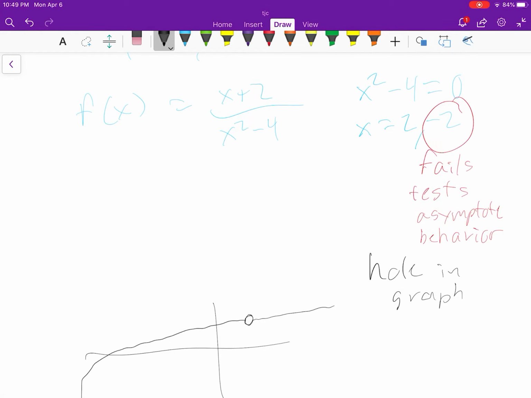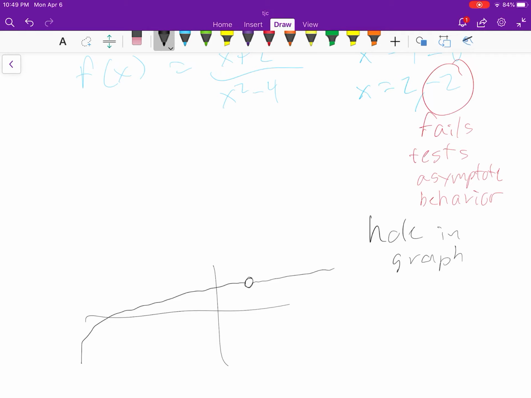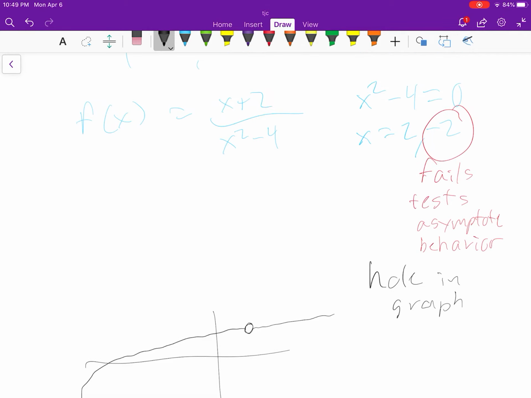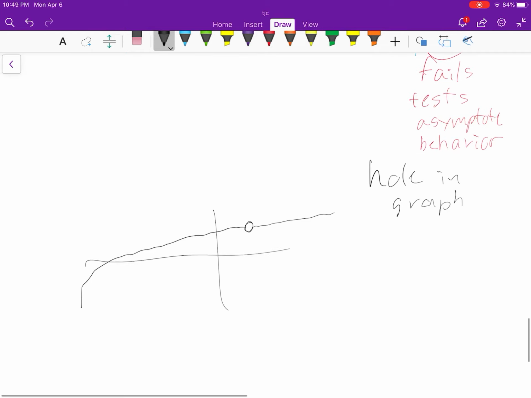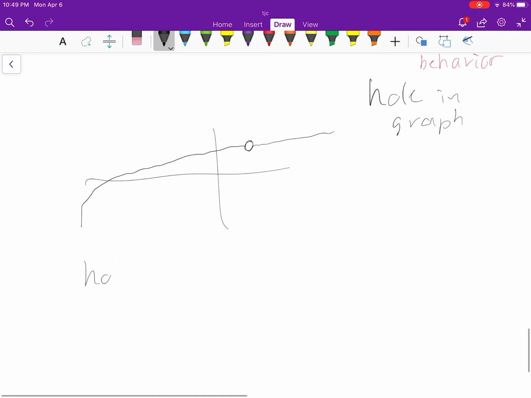So they are a special type of behavior. You can have these holes in the graphs. And they are where the 0 of the denominator is also a 0 of the numerator. So holes occur when x equals a. So this is a hole.